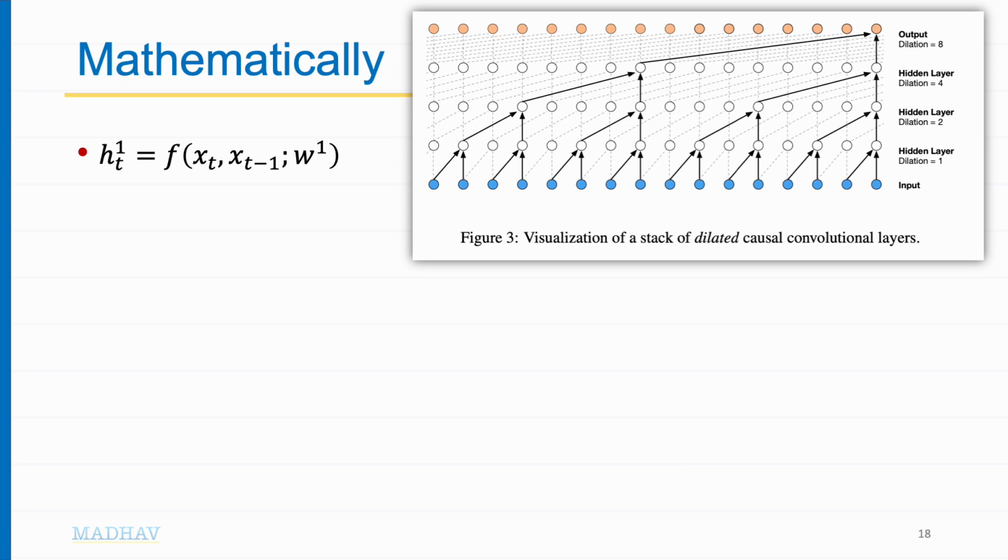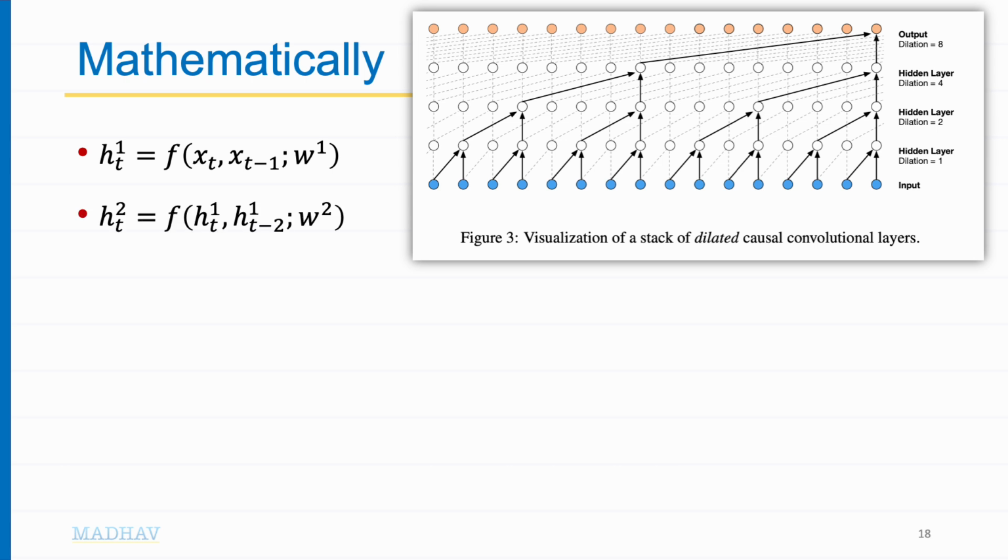Now my h of the first hidden layer at time t is a function of what? x at time t and x at time t minus 1. And w1 is just the weight vector, some parameters.